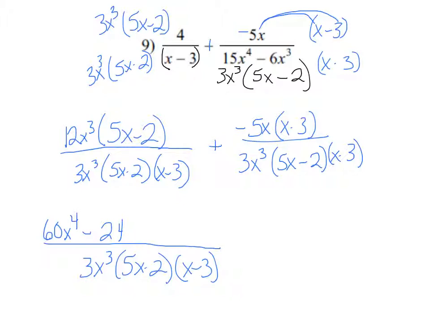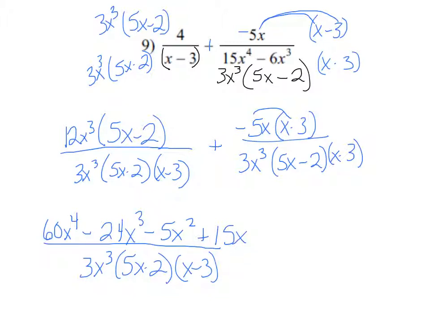And then a 24x cubed plus, actually I'm going to do a plus, but since I'm going to distribute right here, that's going to end up being a minus. So I'll just write it as a negative 5x squared, and then distribute. The next one will turn into a plus 15x.